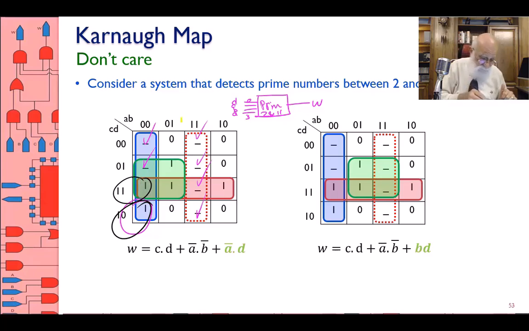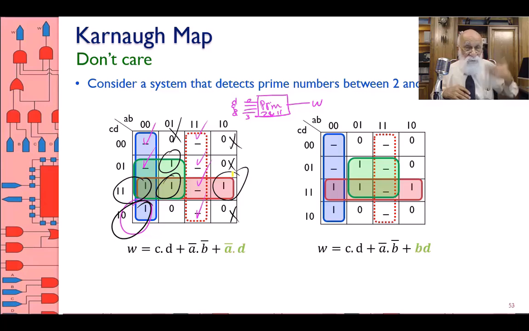It's not. Therefore, you put a 0 here. How about 5? 5 is. 6 is not. 7 is. 8 is not. 9 is not. 10 is not. 11 is. 12, forget it. The problem says don't care about that. Okay? So this is the map I have.